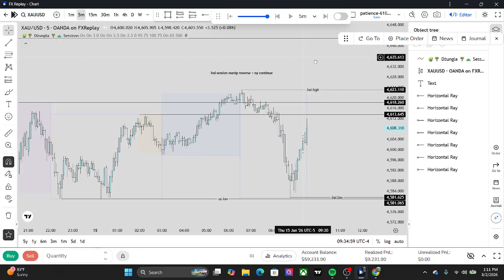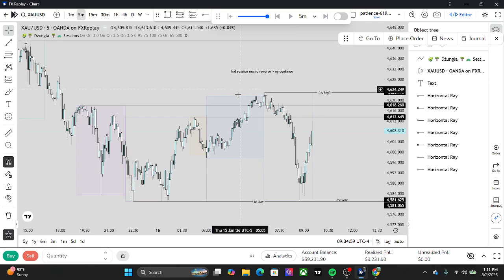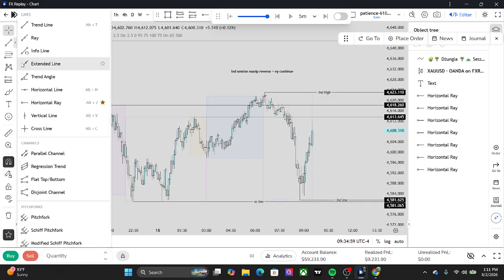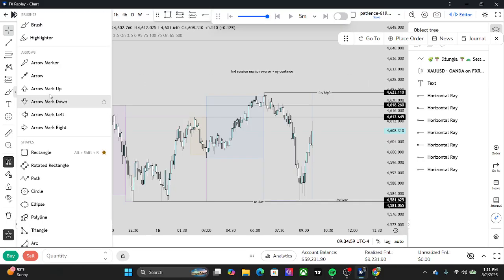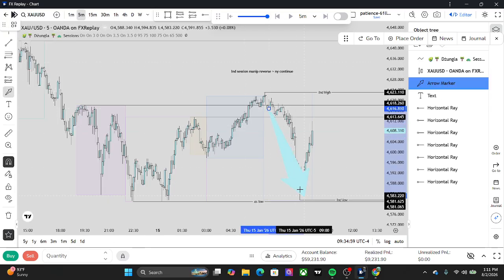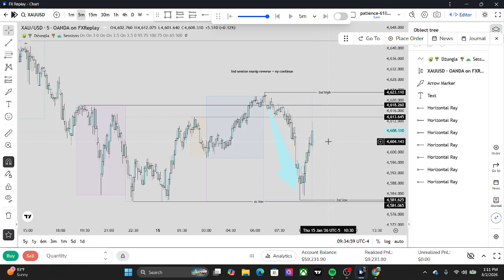So when you see New York continuation, since we manipulated and reversed to the downside, we want to be looking for shorts. So we want shorts, right?